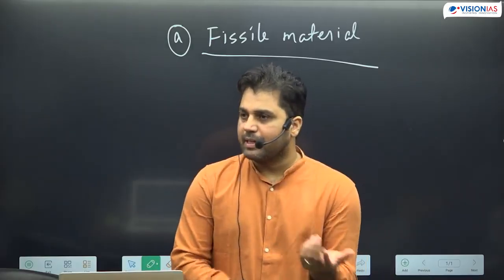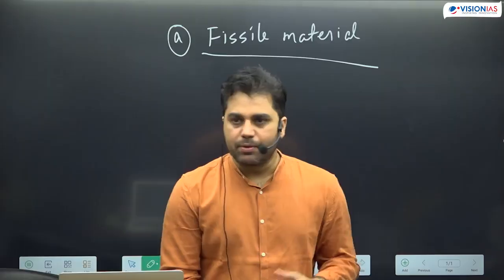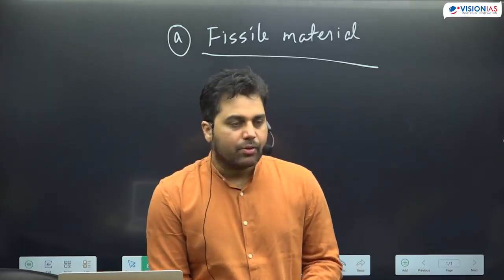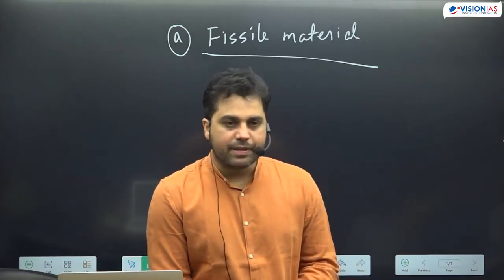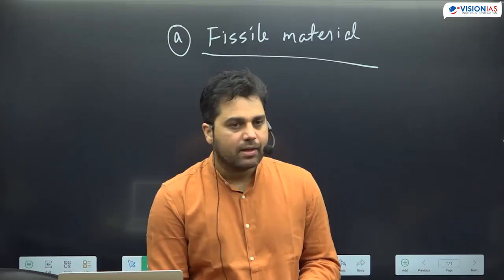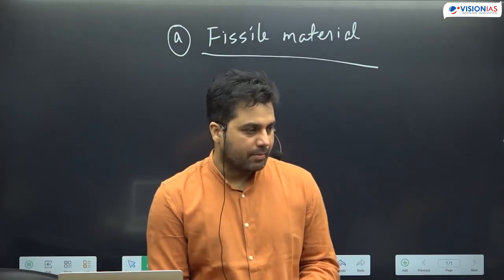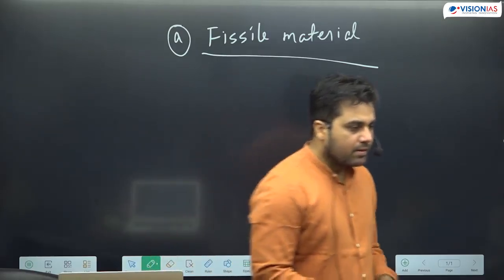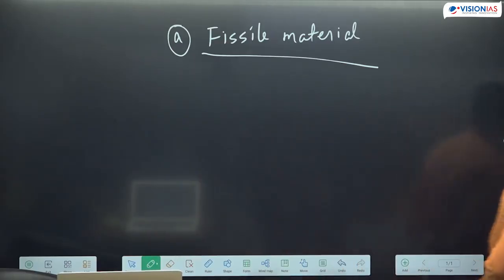Burning of coal is very easy, and because of that we can produce a lot of energy. Similarly, not everything can undergo fission with the same efficiency. Few things can undergo fission much more easily compared to others. So आप लिख सकते हो in one line, nuclei which can undergo fission easily.